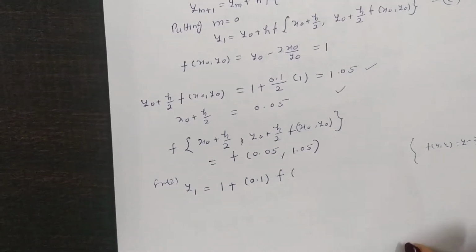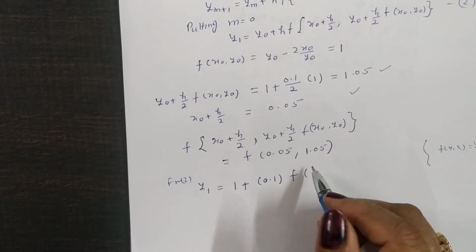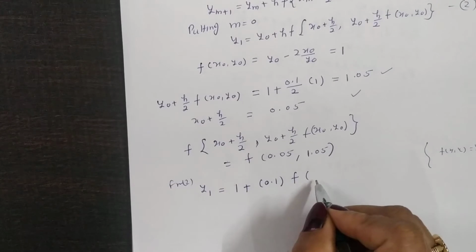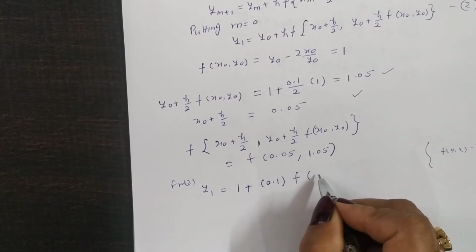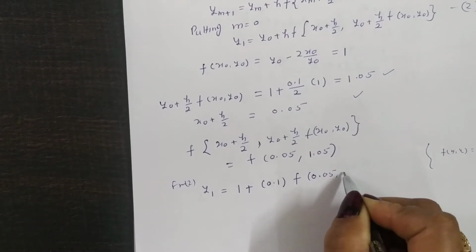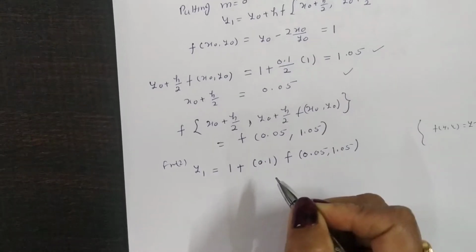Okay students, here this term is given like that. So substituting this term, you get this value. f of this, substituting 0.05 and 1.05, f of this one.